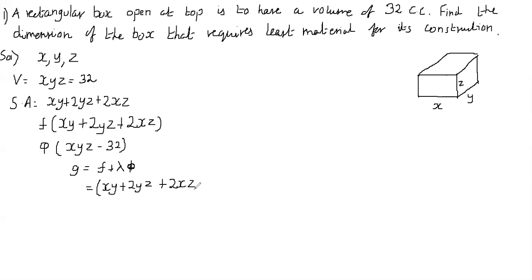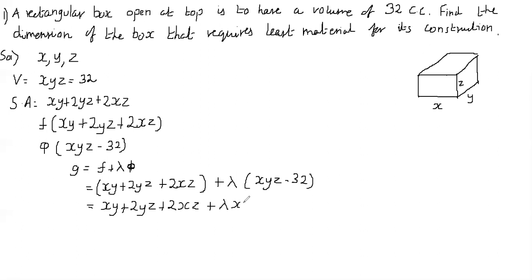And what is the constraint? That is xyz minus 32. So finally we can write this as xy plus 2yz plus 2xz plus lambda xyz minus lambda 32.